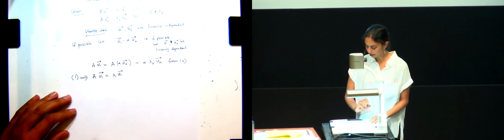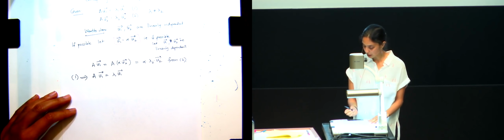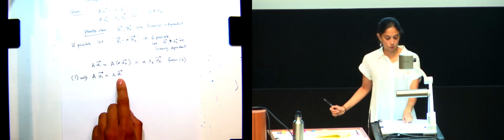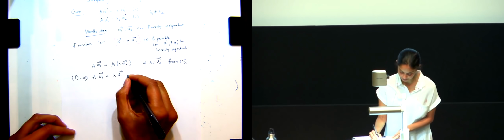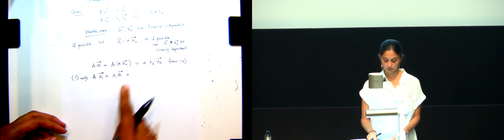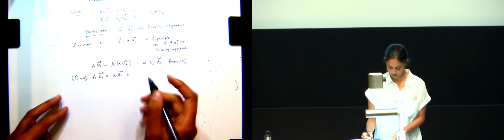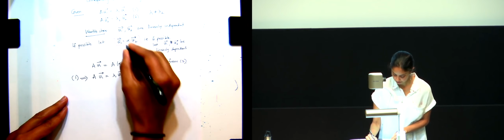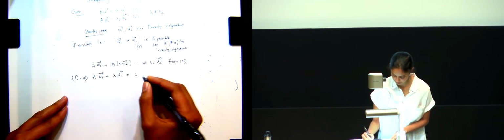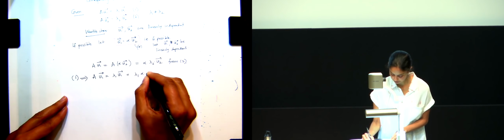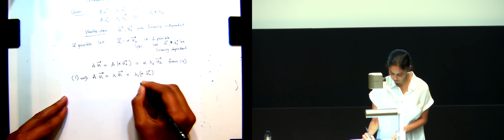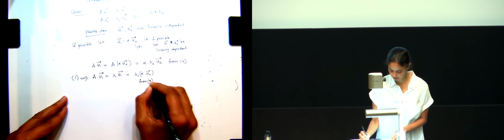So now we have this. What happens now? Any suggestions on what to do? What happens if I substitute V1 here? I have lambda 1, let's call this star, times alpha times V2 from star.